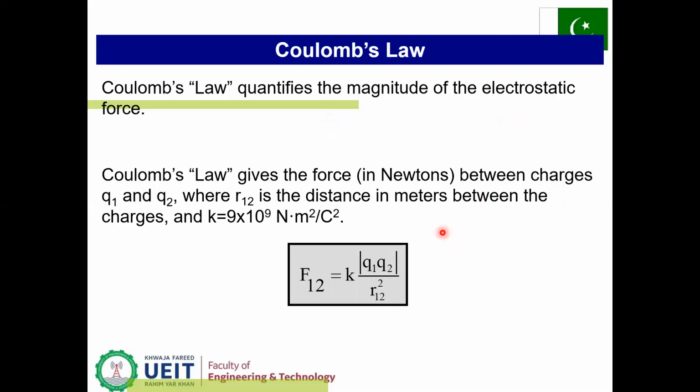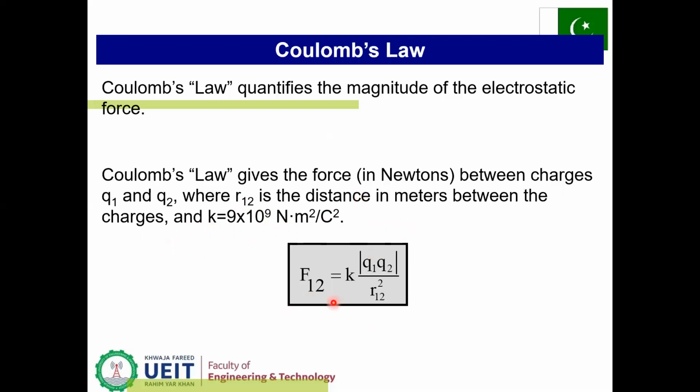Coulomb's law gives the force in newtons between charges Q1 and Q2. Consider two charges Q1 and Q2 at a distance R12 meters between the charges. This is the distance, and K is a constant, 9 times 10 to the power 9 newton meters squared per coulomb squared.